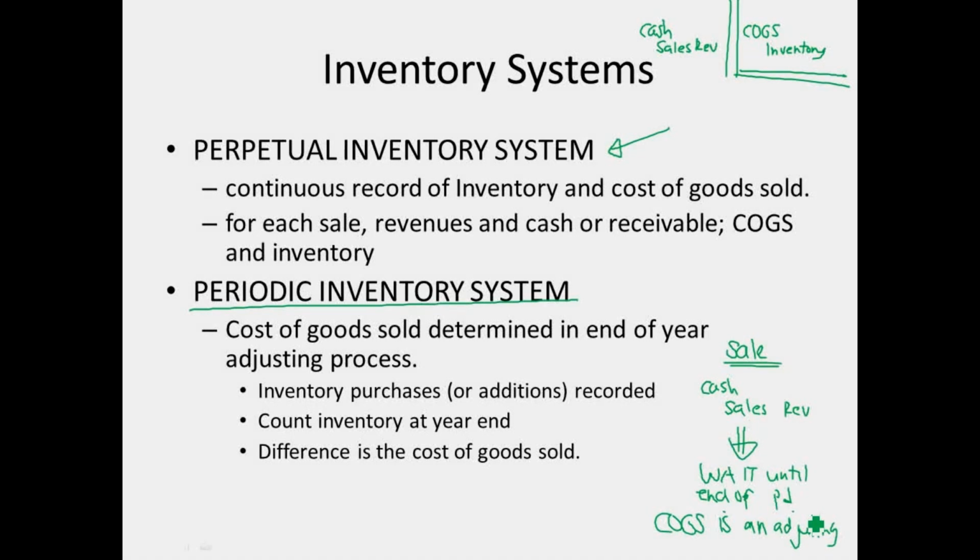The cost of goods sold is determined not by how many units you actually sold, but by how much you started with, what you added to it, minus what you got rid of, and what's left. So it's a determination based not so much on what units were sold, but rather the difference between what you started with and what you ended with.